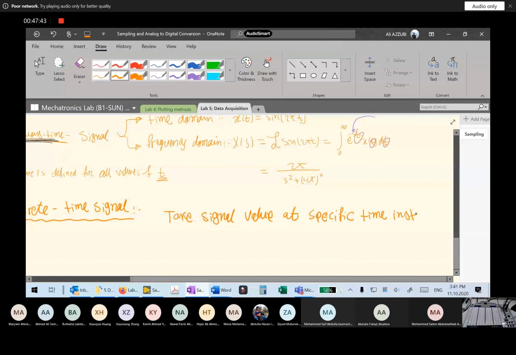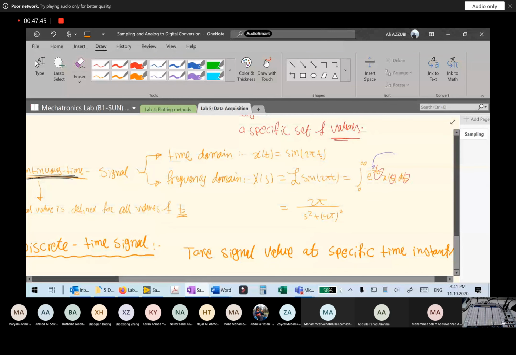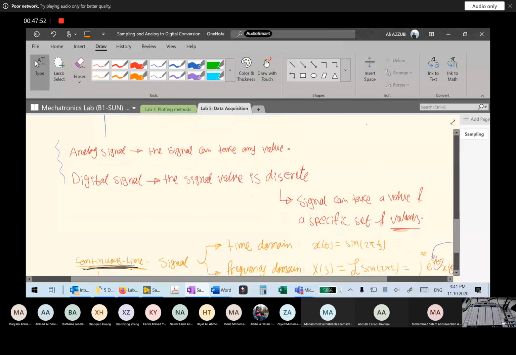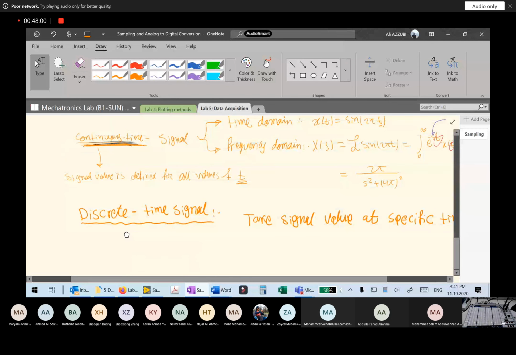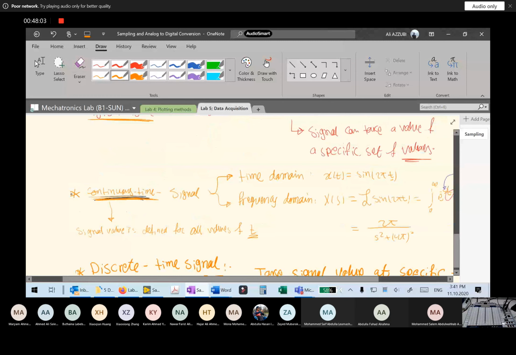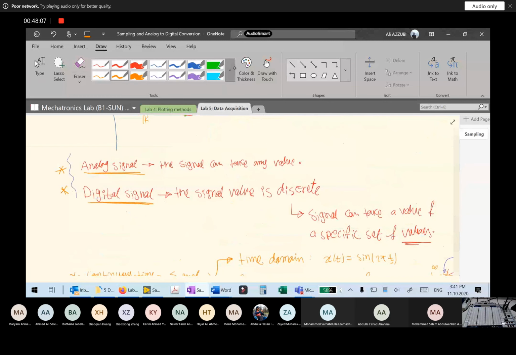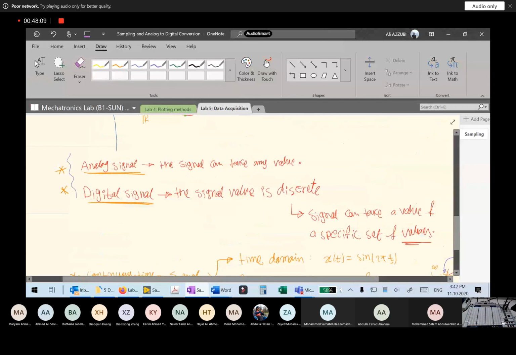Okay, Shabab, now I have two things. Now we have analog signal, we have digital signal, we have continuous time signal, and we have discrete time signal. Okay, let's distinguish between all of them. Now the analog and digital, we will focus on the y-axis.